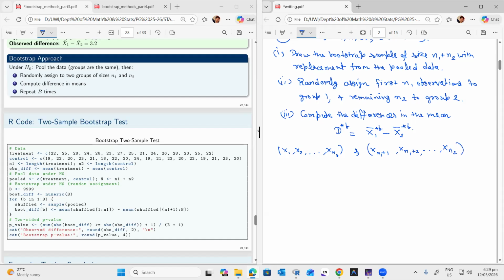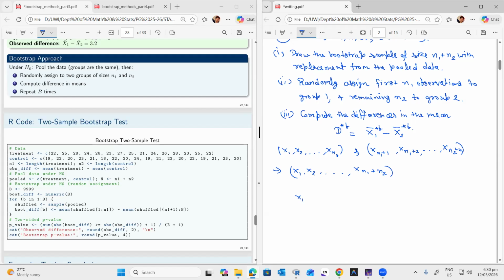For simplification I am just writing n1 plus 1 and n1 plus 2, and this will be n1 plus n2. This is your entire data set. So we are going to combine it into one data set, x1, x2 up to x n1 plus n2. After that, we will generate random data from this again of the same size n1 plus n2.